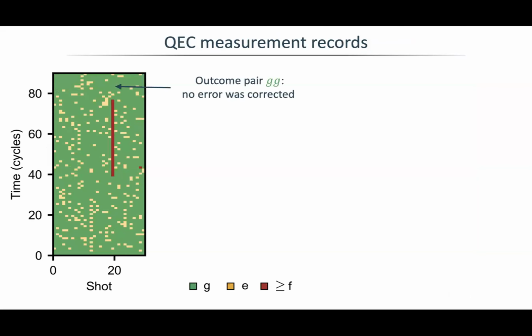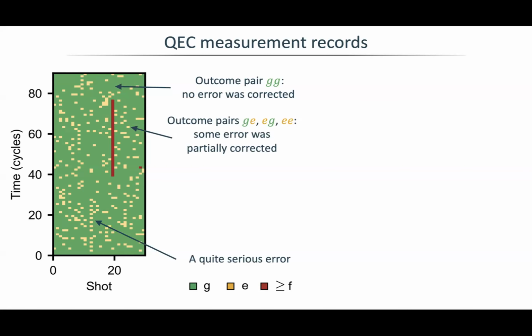If we unpack this, whenever we see an outcome GG, it means that no error was corrected in that particular cycle. I showed you previously the Kraus operator that corresponds to this outcome, and it's most likely to happen if the state is in the code space already. Then whenever we see these speckles of yellow, that means that in that cycle, some error was at least partially corrected.